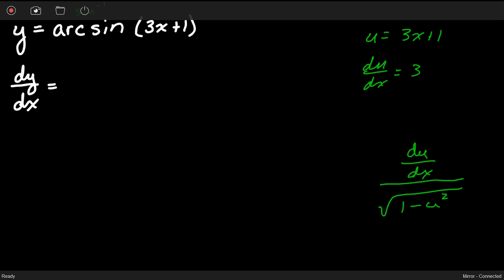So we're going to have du dx, which is 3, over the square root of 1 minus 3x plus 1 squared. And we're done. You just really need to know your formulas for your inverse trig functions, and then it's just a matter of a simple derivative and plugging in your u values.